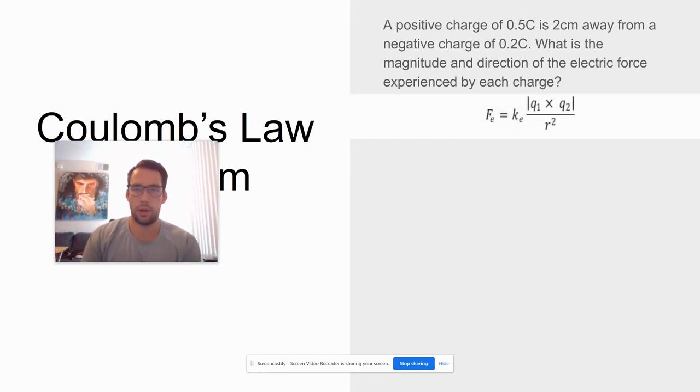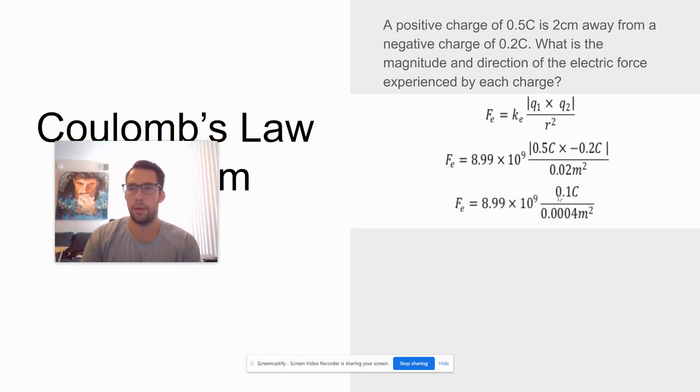So I have Coulomb's law. I set it up, so I plug in my constant, 8.99 times 10 to the 9th. I then plug in my charge of 0.5, multiply it by 0.2. Again, it's the absolute value, so that's going to come out to be a positive 0.1 divided by 0.02 squared.